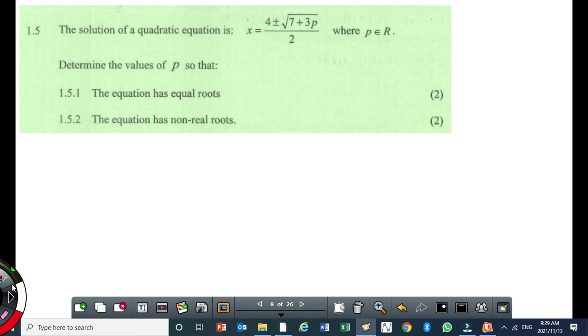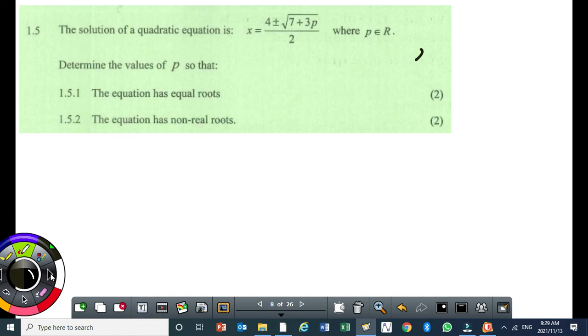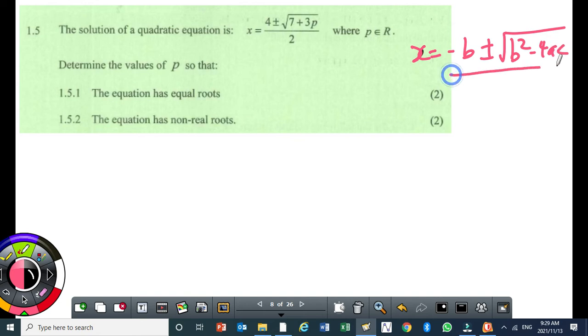Okay? Now, for you to be able to determine the nature of roots, we use the discriminant. Now, the discriminant: the quadratic formula is x equal to minus b plus or minus the square root of b squared minus 4ac all over 2a, right?